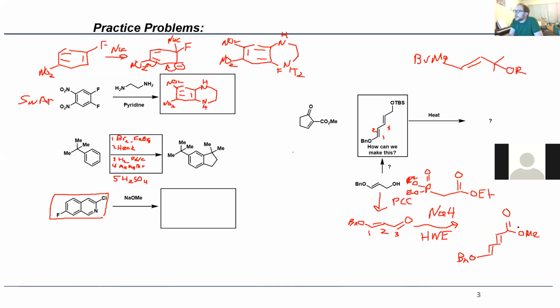And now, how could we get this ester to our product? Yep. And so we can reduce esters to alcohols using lithium aluminum hydride. So recall, hydride reductions, probably the very first thing we learned in this course.